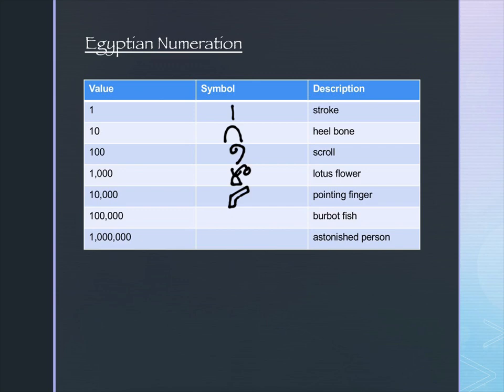The symbol for 100,000, you guys saw this one when I was erasing slides earlier, is a burbot fish. And it looks something like this. Other resources that I've taught from before don't call it a burbot fish. Some of them call it a tadpole, FYI. And then the last one is an astonished person. And for my education majors who've taken number theory, they draw this one differently.